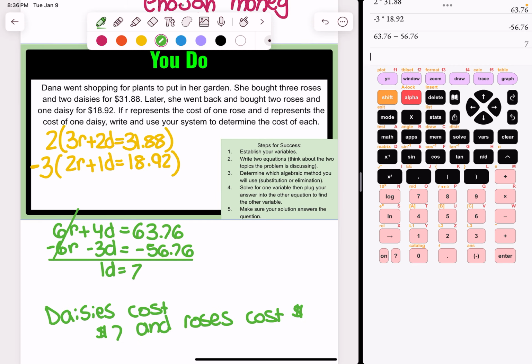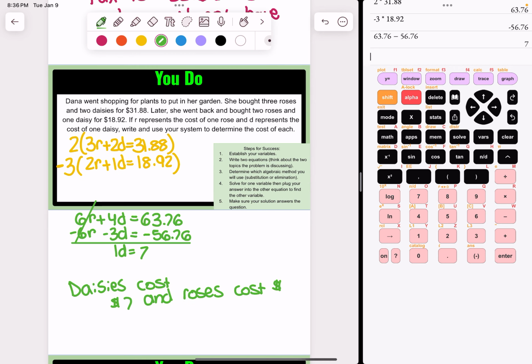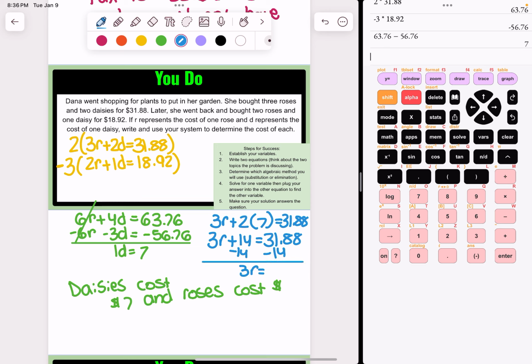Alright, let's solve for roses. I'll just plug into the first equation. 3R plus 2D, with D being 7, equals 31.88. So then I would get 3R plus 14 equals 31.88. Subtract 14 on both sides. I would get 3R is equal to 31.88 minus 14, which means we have left over 17.88.